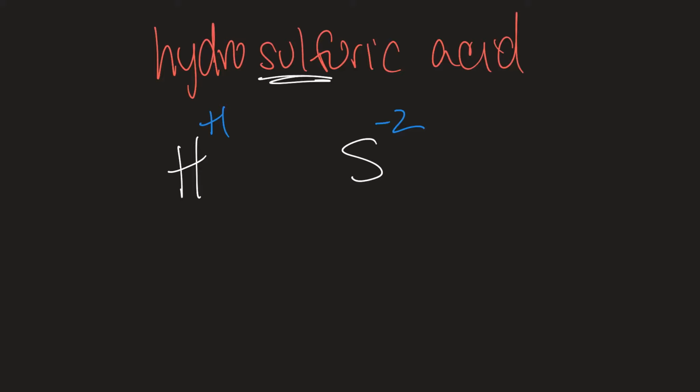And so when we combine those two, we need two H's, one S. So hydrosulfuric acid is H2S. And here's a little hint or cheat sheet: you will always need as many H's as the charge of the nonmetal. In this case, since the charge of sulfur is 2, you need 2 H's. In the previous example, since the charge of iodine was 1, you need 1 hydrogen.